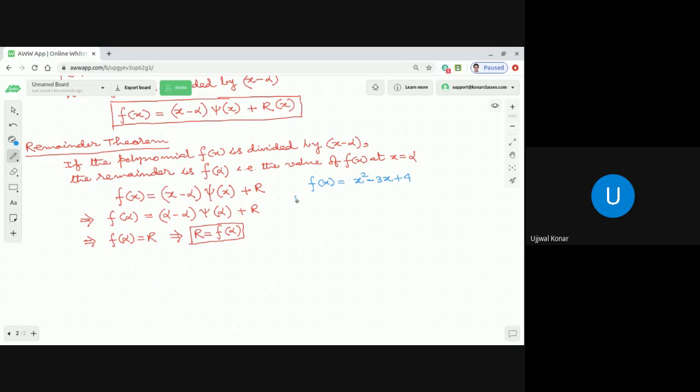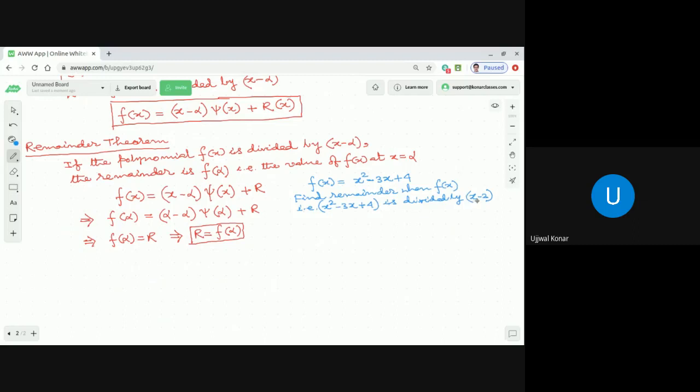So what is our task? Task is to find the remainder when f(x), that is x square minus 3x plus 4, is divided by x minus 2.